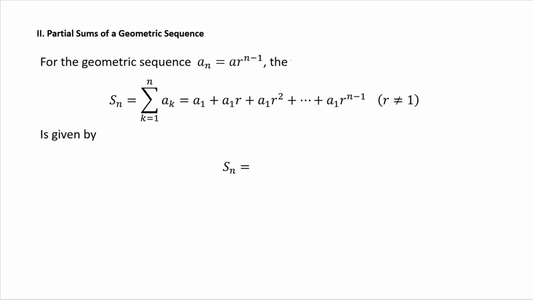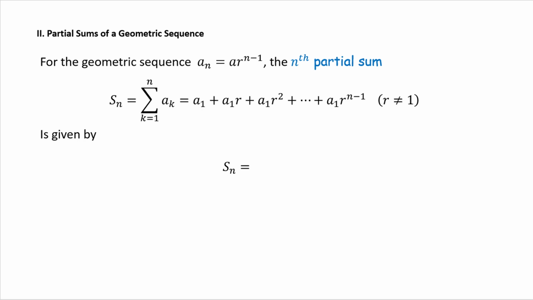Roman numeral 2. Partial sums of a geometric sequence. For the geometric sequence, a sub n equals a times r to the power of the quantity n minus 1. The nth partial sum, S sub n, equals the sum as k goes from 1 to n of a sub k, equals a sub 1 plus a sub 1 times r plus a sub 1 times r squared plus dot dot dot plus a sub 1 times r to the n minus 1.